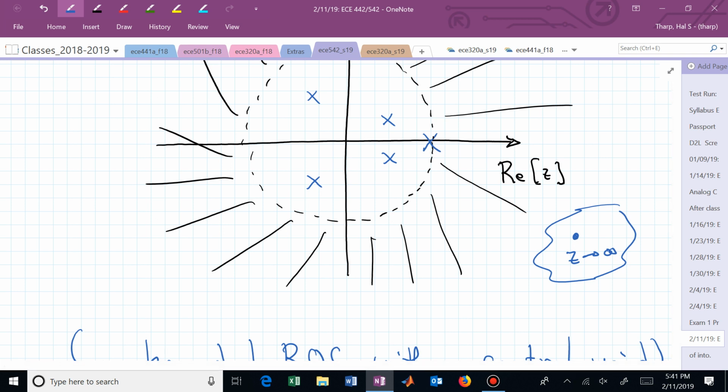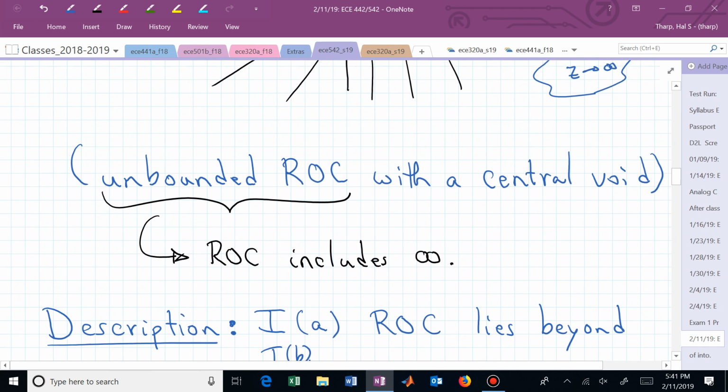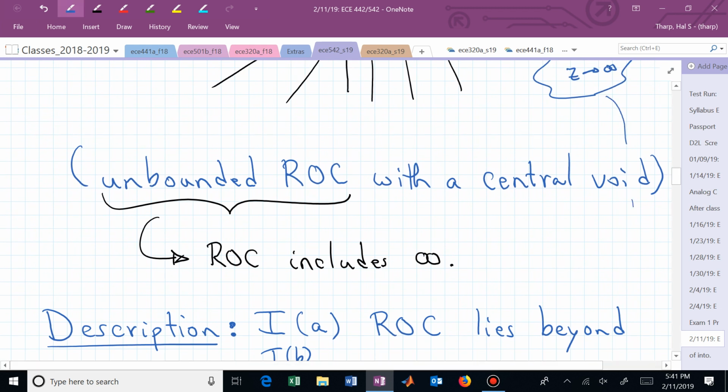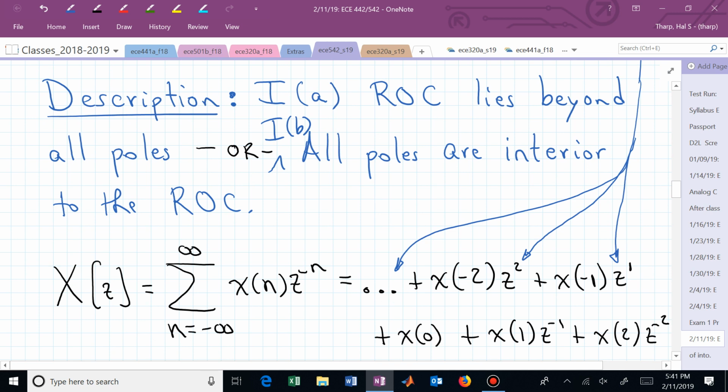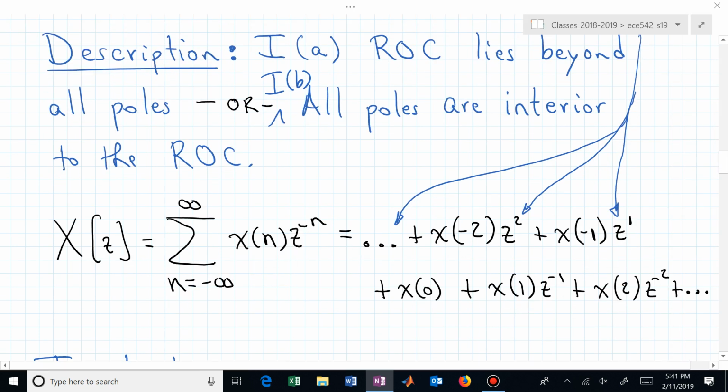What happens if we plug that in right here, or anywhere there, because there we have z raised to higher and higher powers.